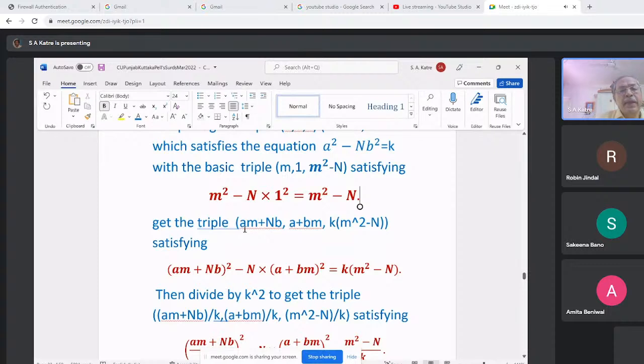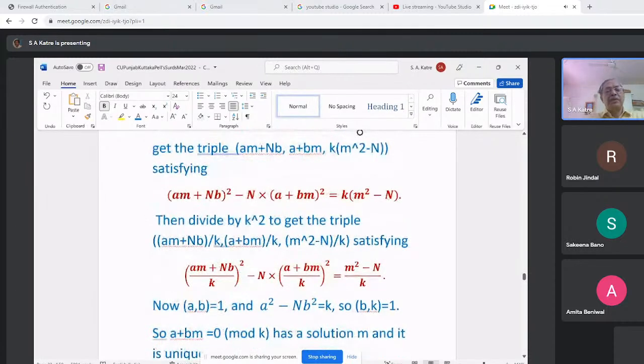New triple is am plus nb, comma, a plus bm, that is x equal to the first number, y equal to second number, and k into m square minus n, that is the third number, which is the right hand side. So you have got this equation (am plus nb) square minus n times (a plus bm) square is equal to k into (m square minus n). And remember, this right hand side you want to make as 1.